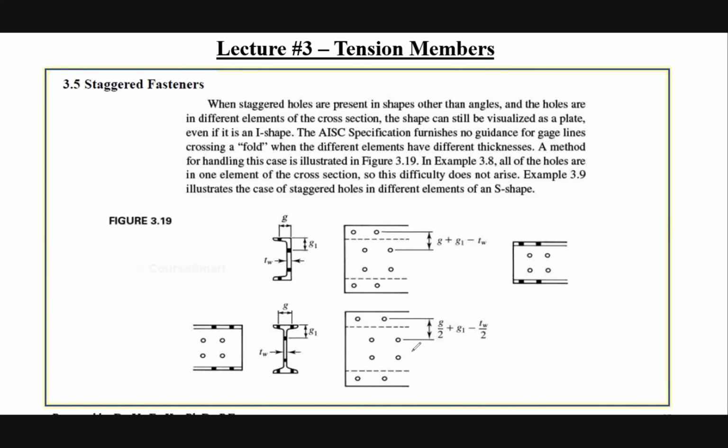Any questions? This is just a different way to define the gauge distance between the bolt on the flange and the bolt on the web. Same thing, this is on the flange and this is on the web. So this bolt is this bolt, and this bolt is this bolt.